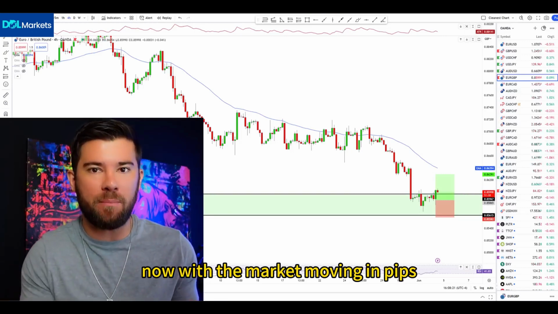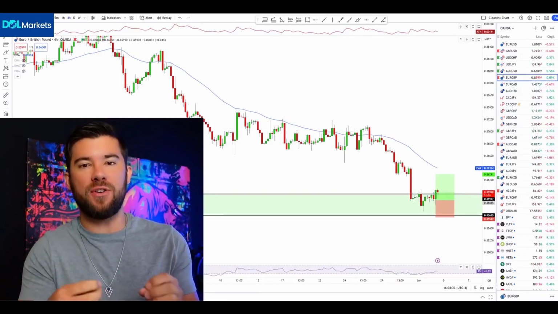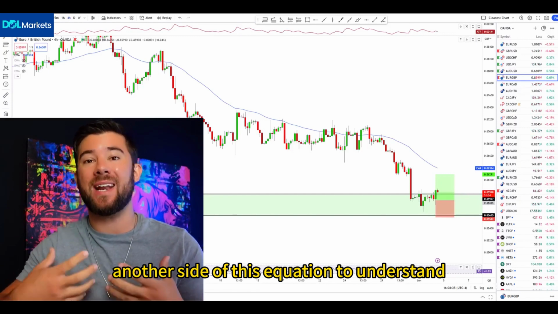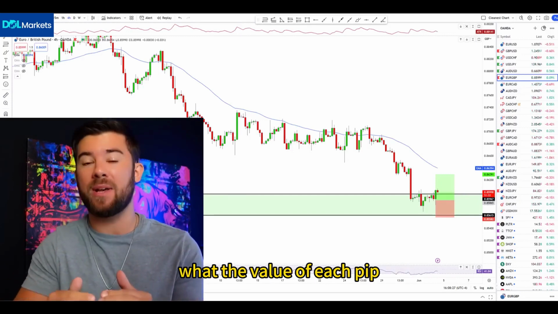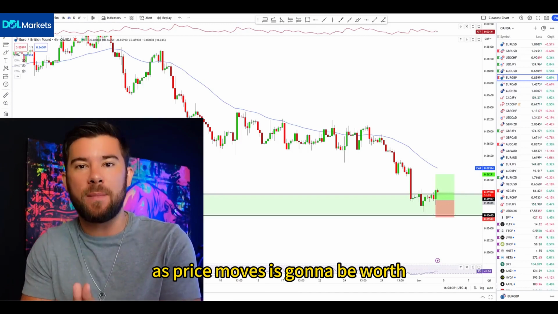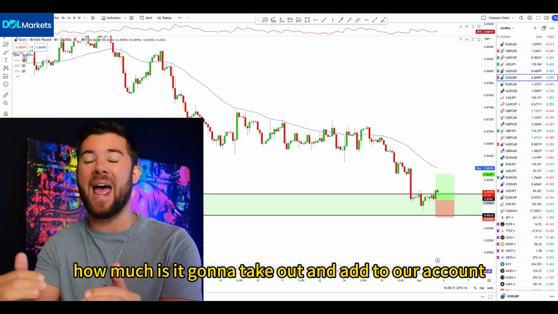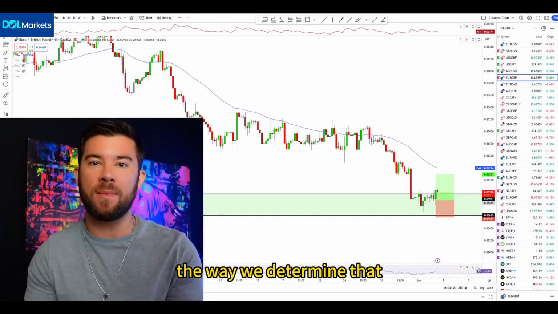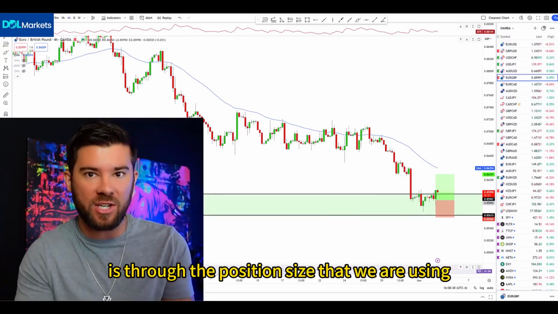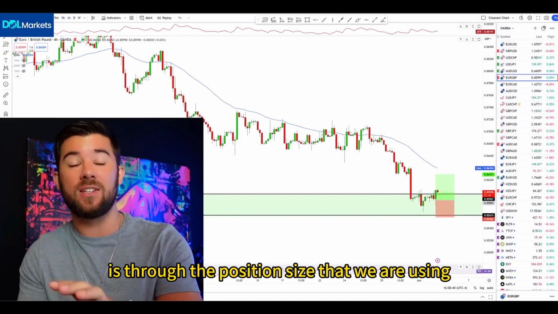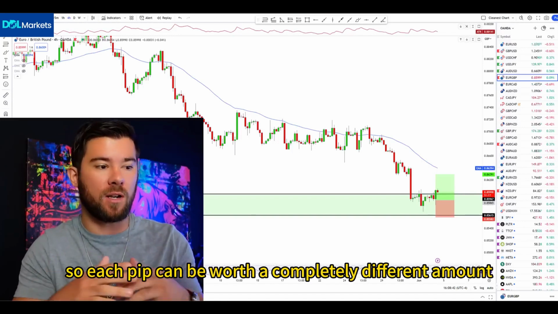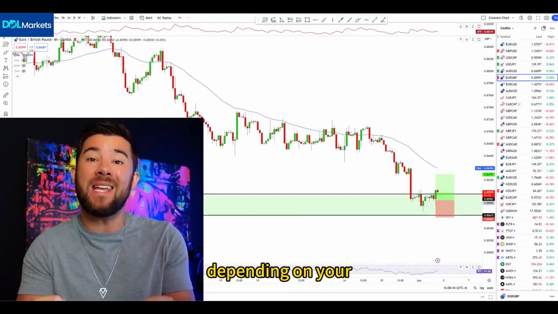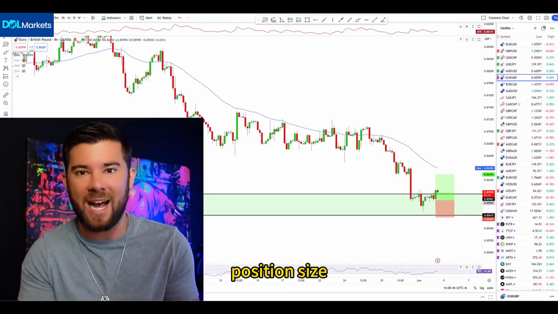Now, with the market moving in pips, we need to know another side to this equation to understand what the value of each pip as price moves is going to be worth. How much is it going to take out and add to our account as prices go up and down? The way we determine that is through the position size that we are using. So each pip can be worth a completely different amount depending on your position size.